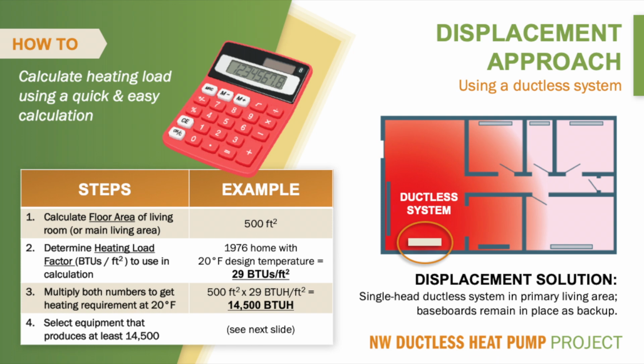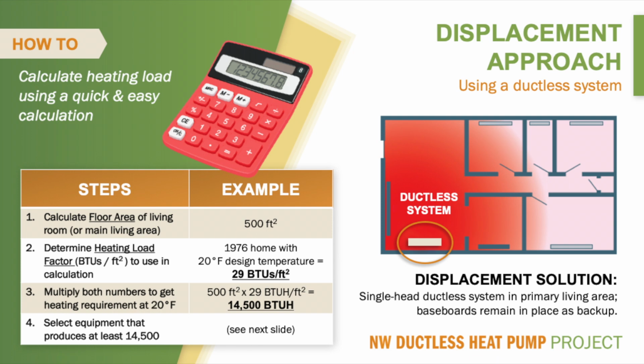Let's run through an example of a heating load calculation using the quick and easy load calculation method. First, calculate the floor area of the living room or main living area. Let's imagine a home with a combined eat-in kitchen and family room totaling 500 square feet. Next, determine which heating load factor to use.